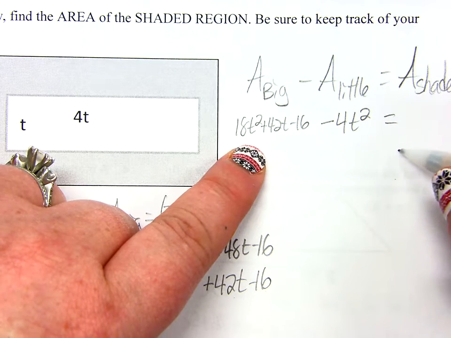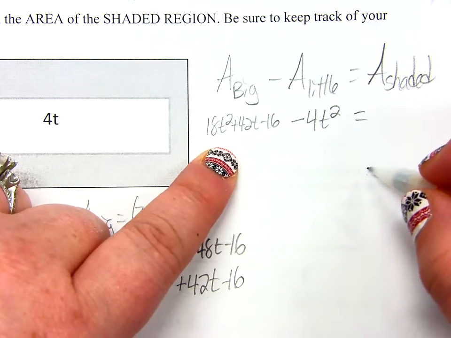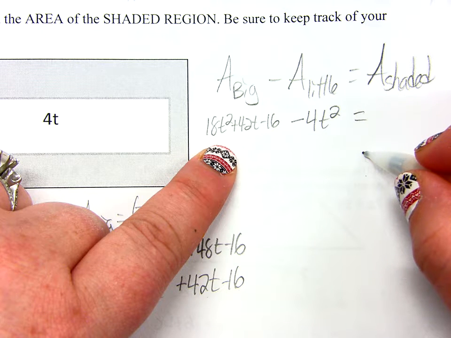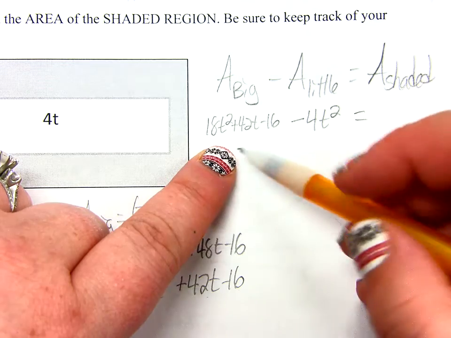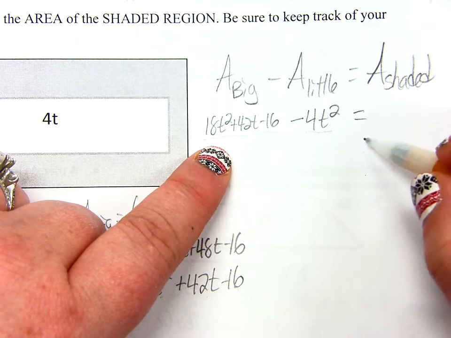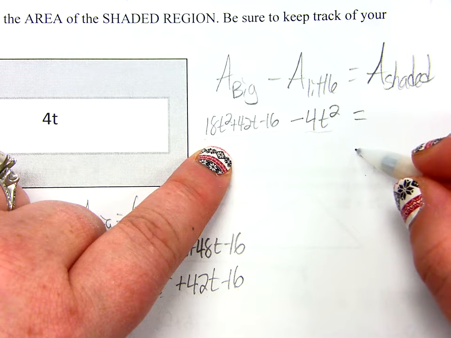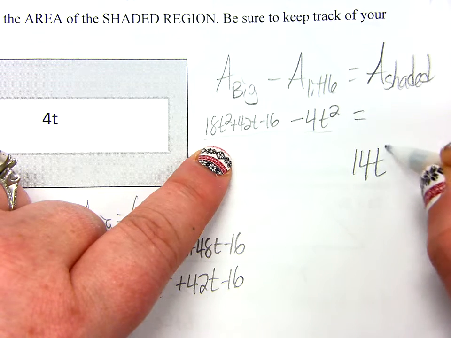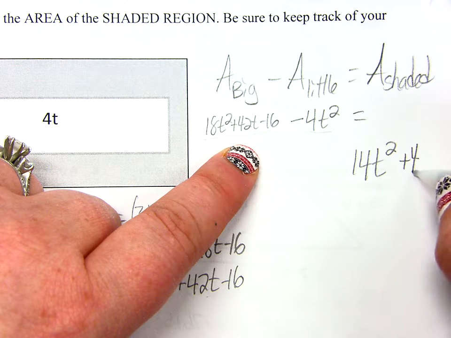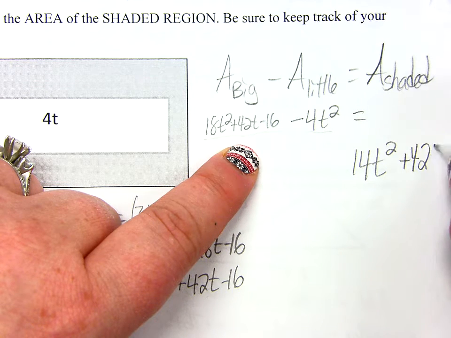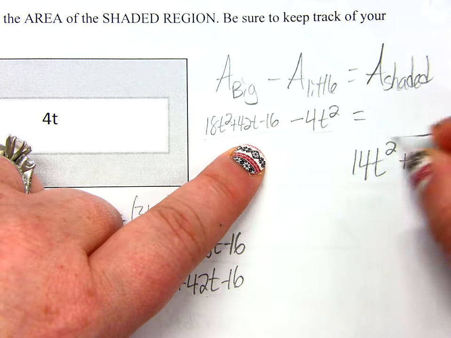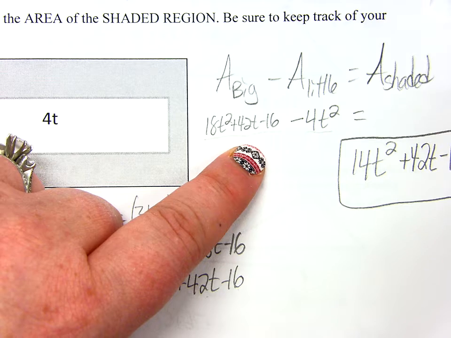So, my final answer is... I'm going to do this minus this, so I end up with 14t squared plus 42t minus 58?